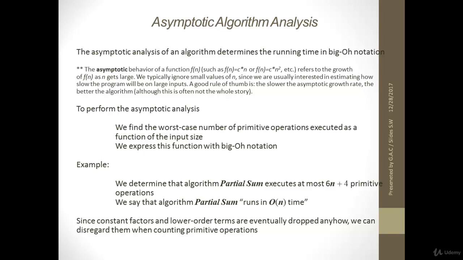Therefore we say that the algorithm partialSum runs in O(n) time. The rule is, in asymptotic algorithm analysis, since the constant factors and lower order terms are eventually dropped, we can disregard them when counting primitive operations. So we disregard constant factors and lower order terms.